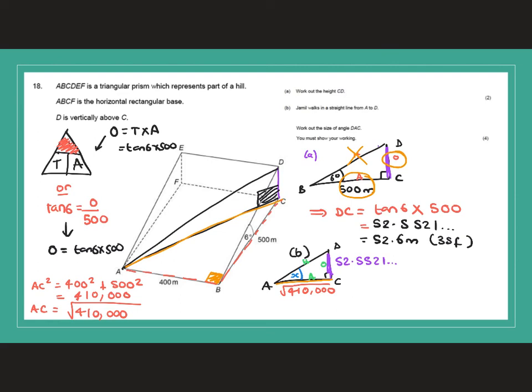So if you're using your SOHCAHTOA triangle, you need to cover up T. And we can then say that tan of the angle X is the opposite divided by the adjacent, which is 52.55 all divided by the square root of 410,000.